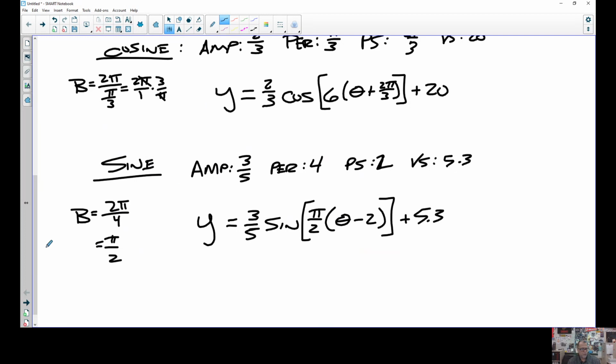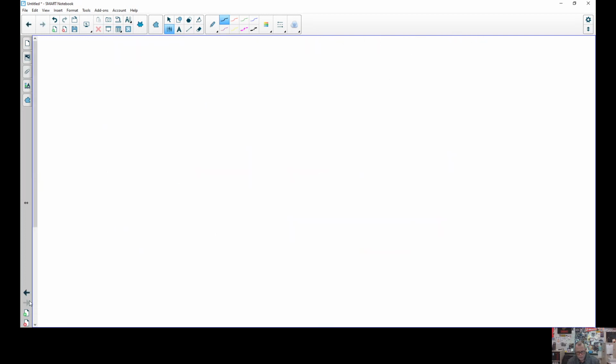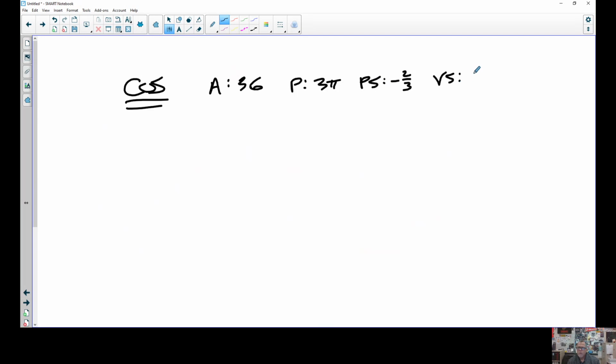They could say, just to give you a couple unusual ones, let's say a cosine function, and they give you an amplitude of 3.6, a period of 3 pi, phase shift of negative 2 pi over 3, vertical shift of a positive 9.